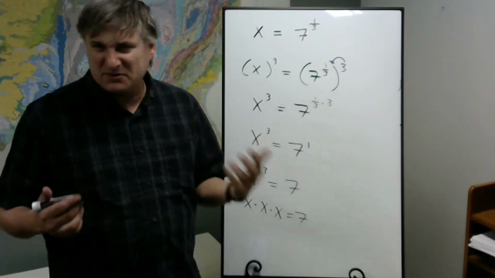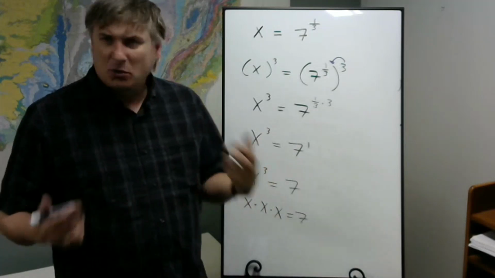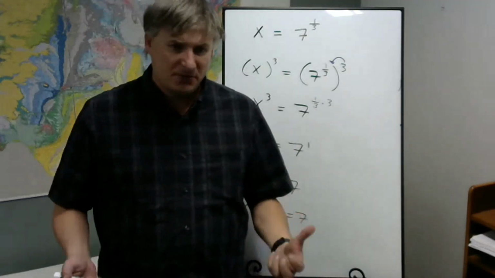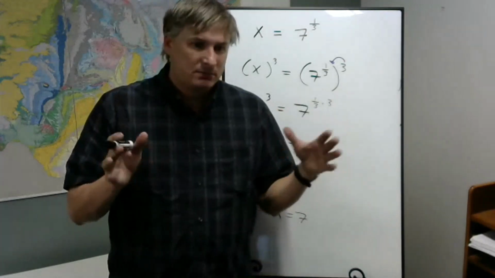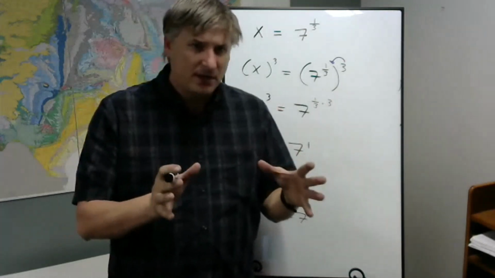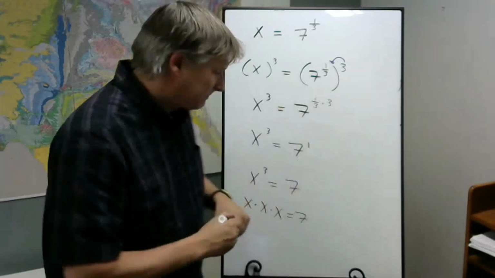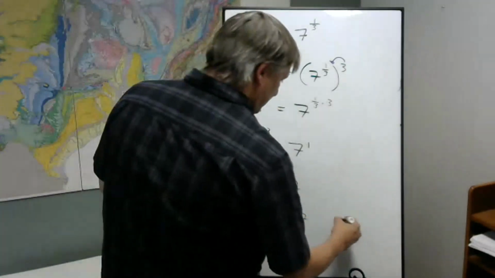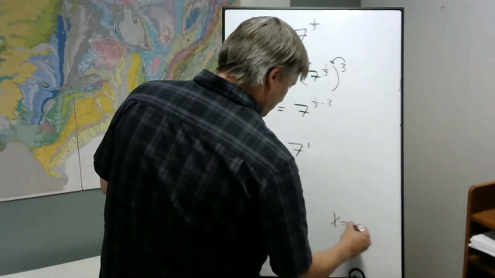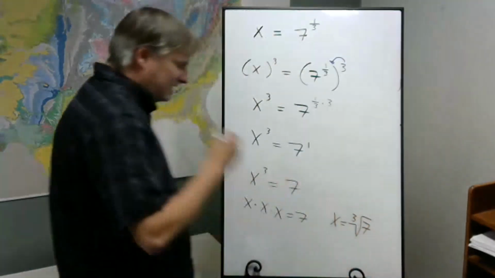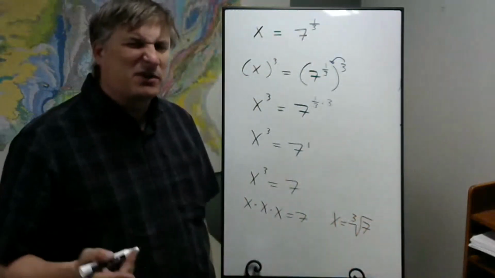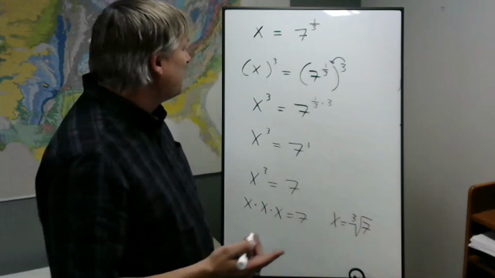So whatever this x is, it's going to be the cube root of 7. It's some number that, again, if we have 3 copies of them in total, and we multiply those 3 together, we get 7. So x is the cube root of 7. We just haven't identified which number this was.